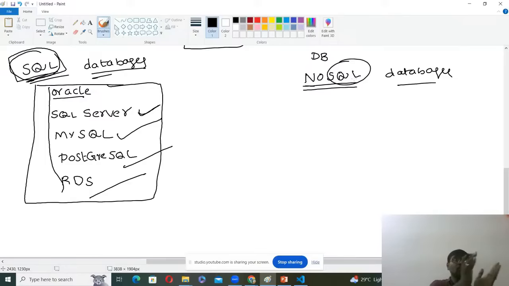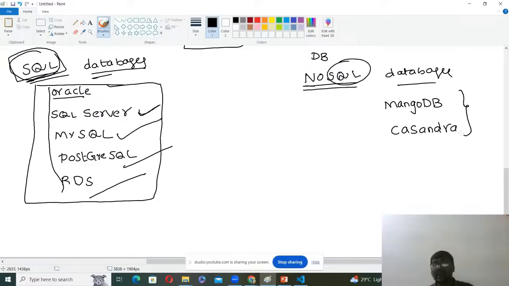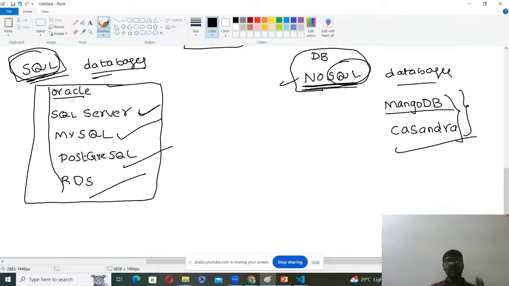That is, without using SQL also we can store the data, update the data, and perform all the operations. Those are: one is MongoDB, second one is Cassandra. These two are databases that are not using SQL. Now, that means if you know all the concepts of NoSQL, then it is easy to work with MongoDB. Directly it works with Cassandra, no problem. I think you got it.